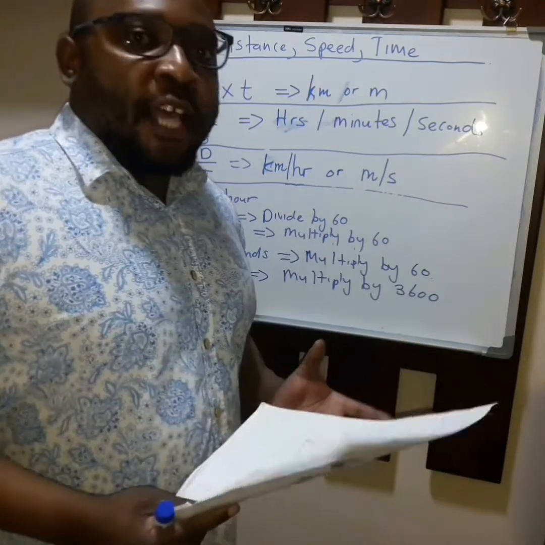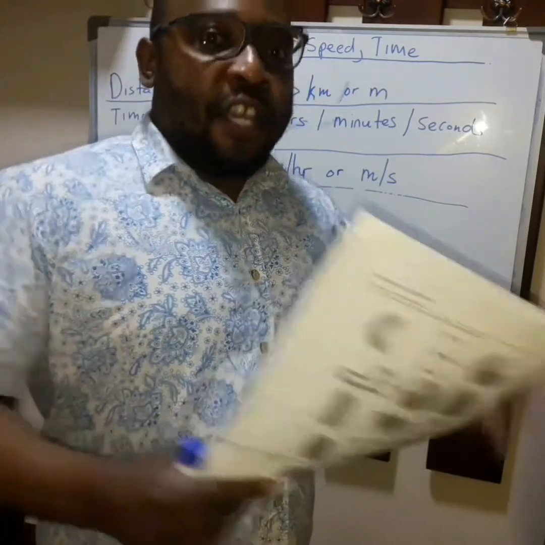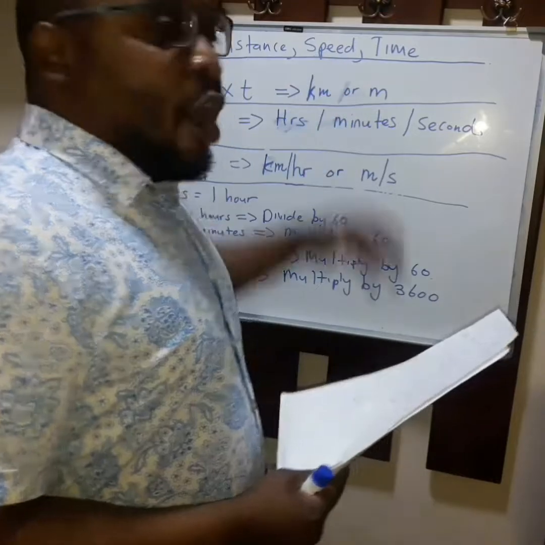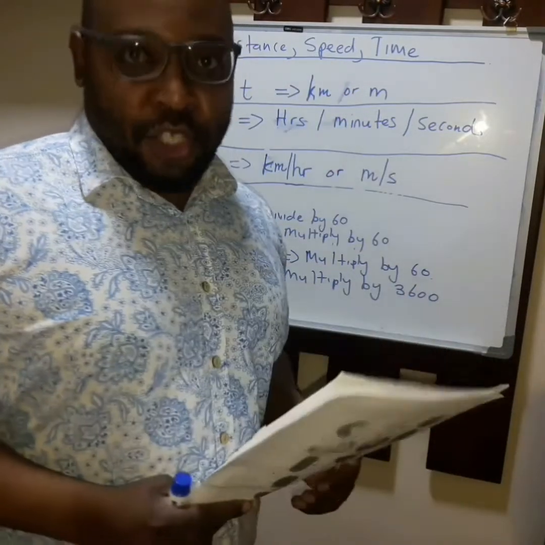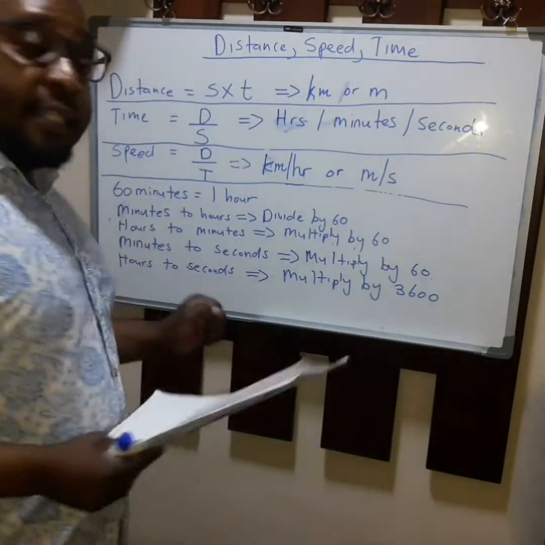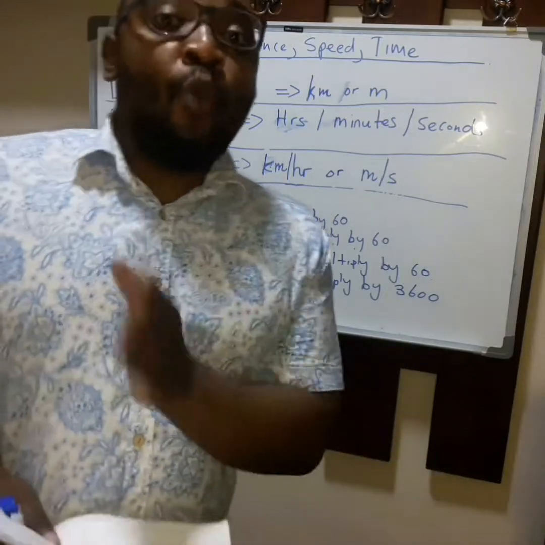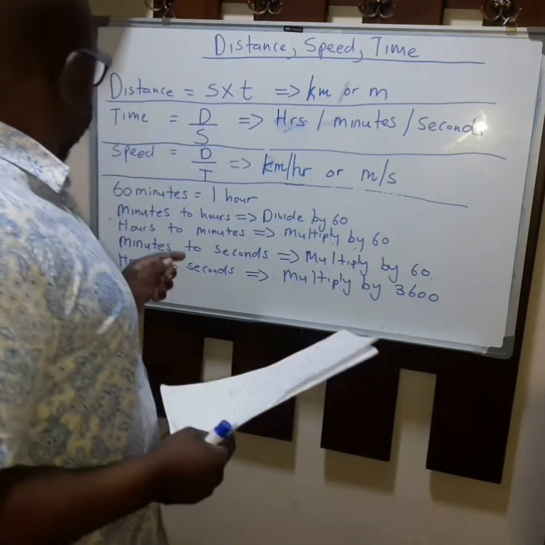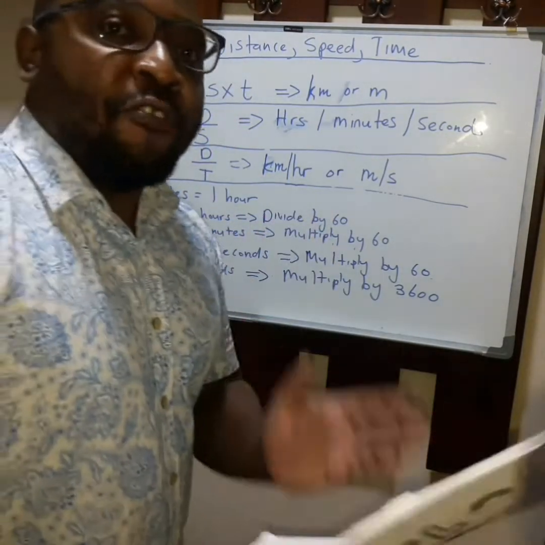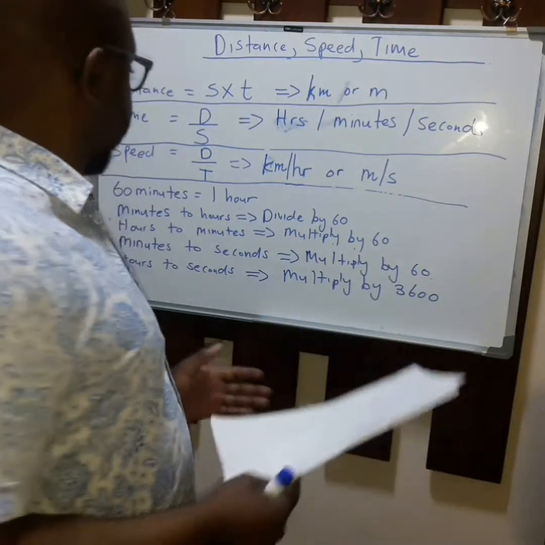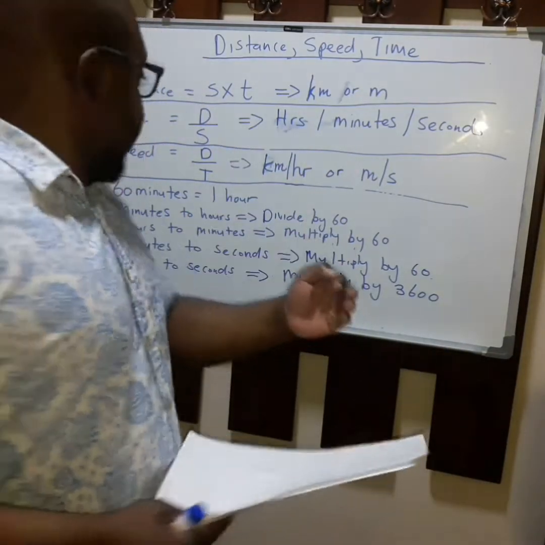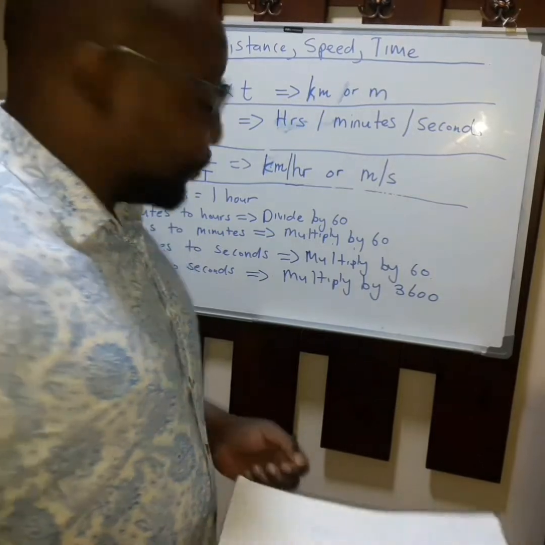There is need for us to understand that conversion is important in calculating anything to do with motion. 60 minutes is equivalent to 1 hour. And if we want to convert minutes to hours, we divide the minutes by 60.